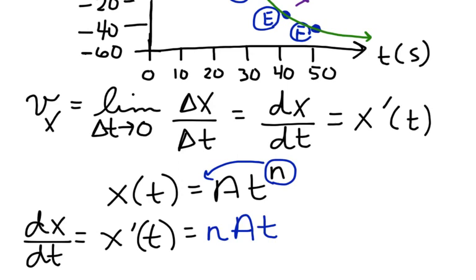And now the exponent that used to be t to the n is now t to the n minus 1. So this is how you do a derivative.